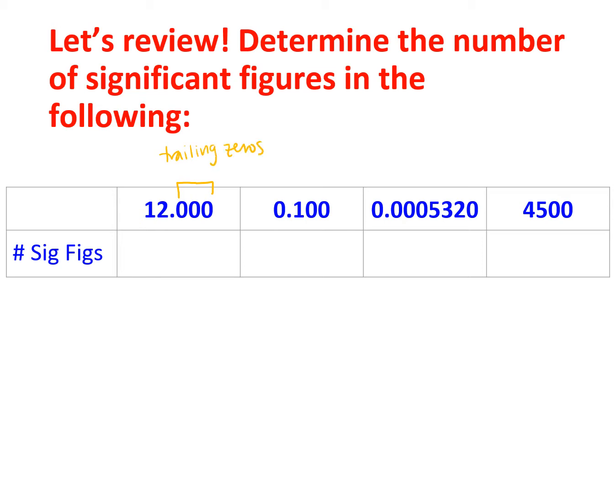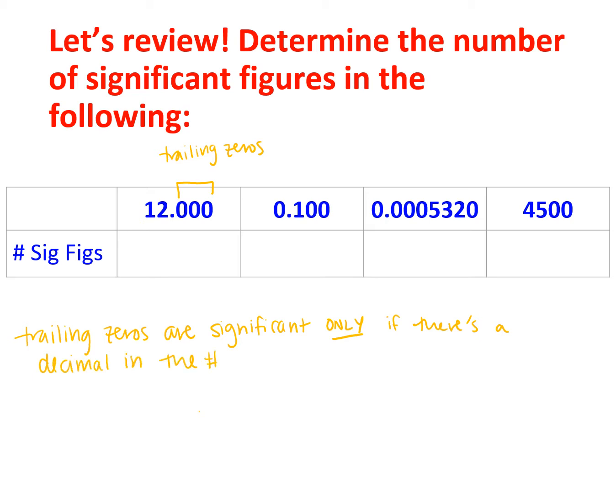And we remember from our rules that trailing zeros are significant only if there's a decimal in the number. So since we see the decimal in this number here, those trailing zeros are significant. We've got 2 non-zero integers, so this value is going to have a total of 5 significant figures.